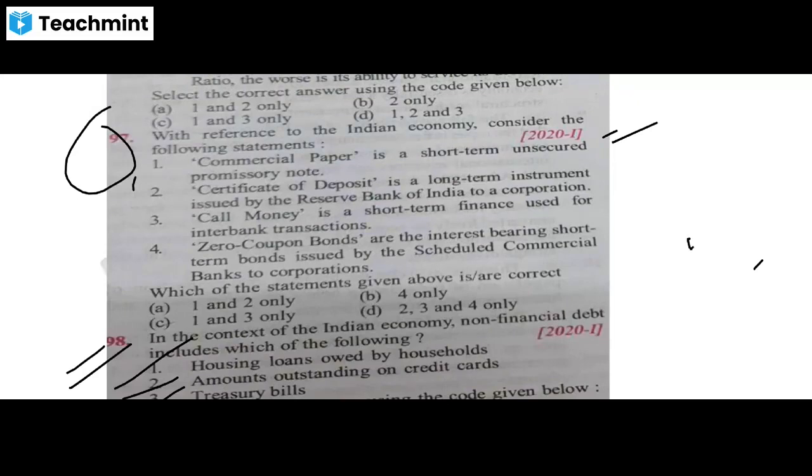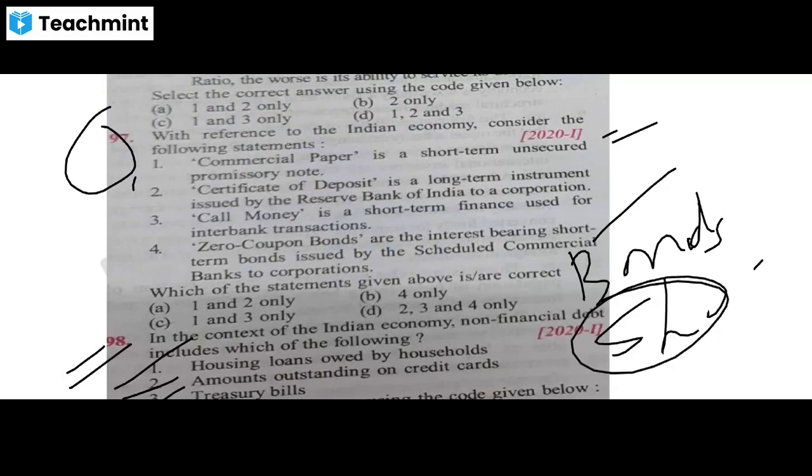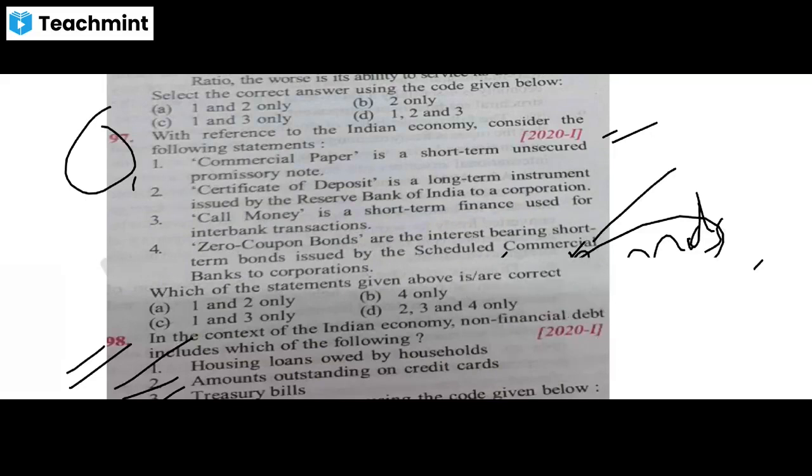Here, if you know the difference between short-term money and long-term money, that is your money market and your financial market. In the financial market you have long-term money and short-term money. Long-term financial instruments are like bonds and shares, those used for a long time period.